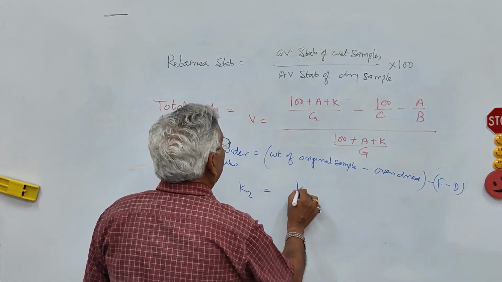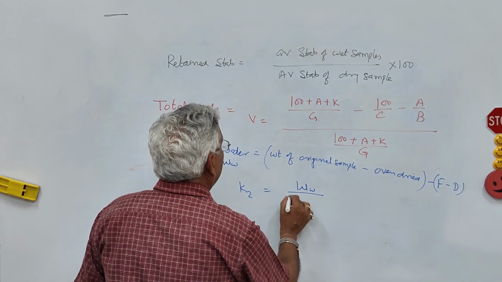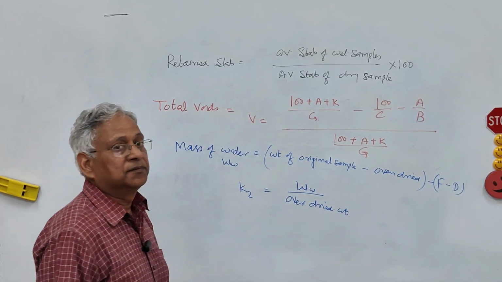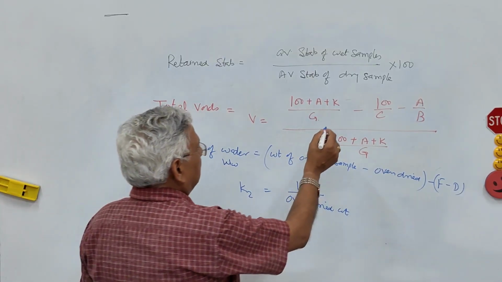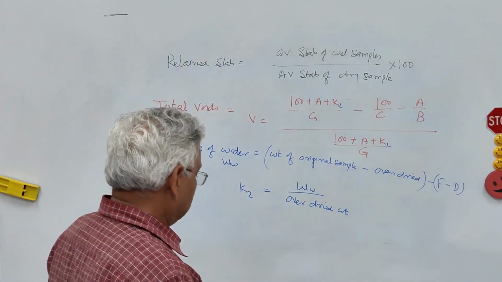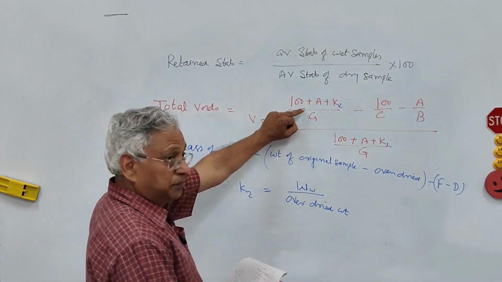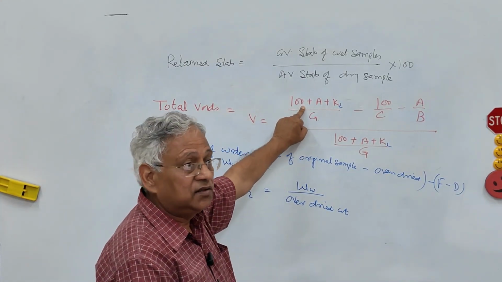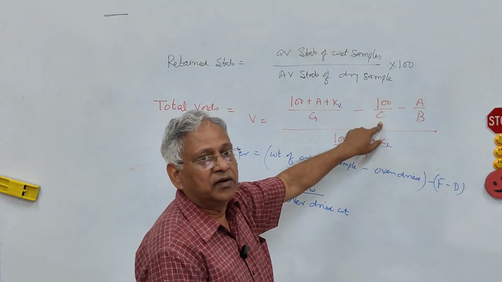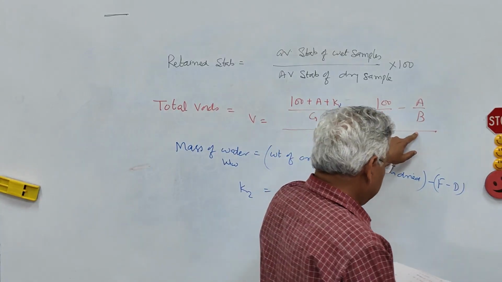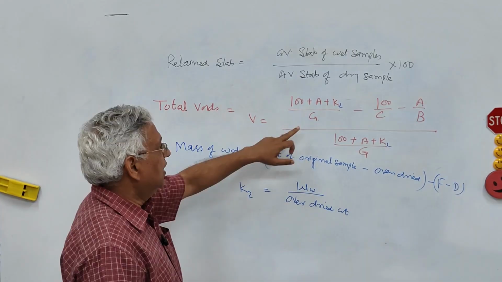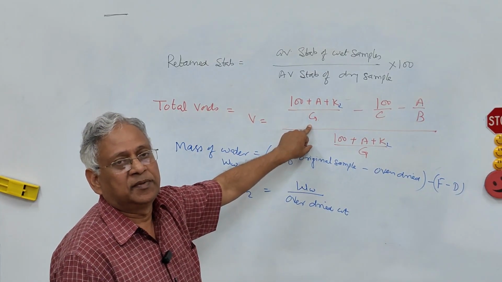K2 is now W upon the oven dried weight of the broken sample. That is your K2. And A is the asphalt residue in percent by weight of dry aggregate. K2 you have calculated. C is the apparent specific gravity of aggregate, B is the specific gravity of asphalt residue in the emulsion, and G is the bulk specific gravity of the specimen.